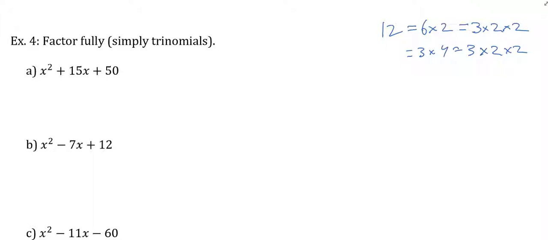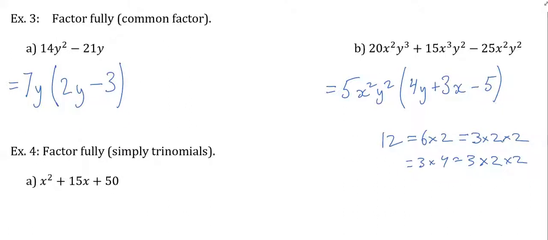We're taking expressions, whether it's common factoring or simple trinomials, and breaking them up into the things that multiply back into it. Remember when we did common factoring yesterday and we said that if you multiply these back together, you'd get back the thing you started with. That's true of all factoring.